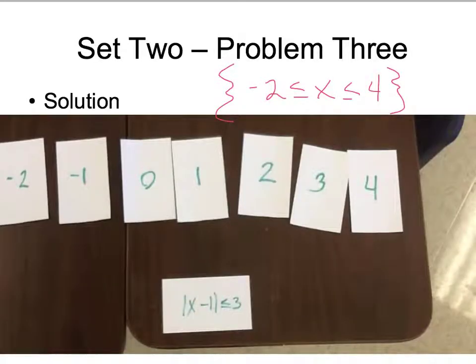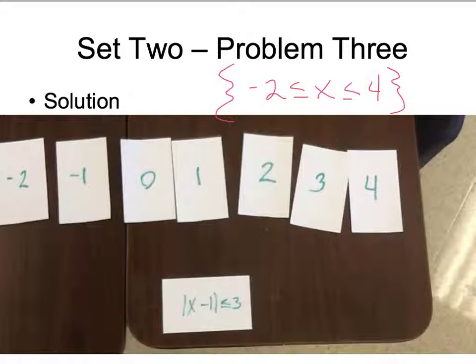What we come up with are all of these numbers: -2, -1, 0, 1, 2, 3, 4. Basically, the only numbers that don't work are -3 and -4, for our particular solution set. So, the way we write that answer is -2 is less than or equal to x is less than or equal to 4.